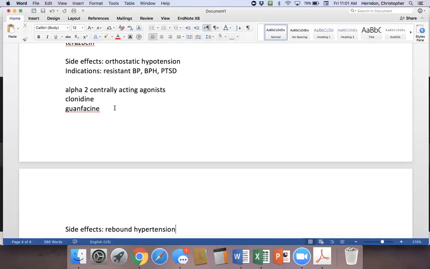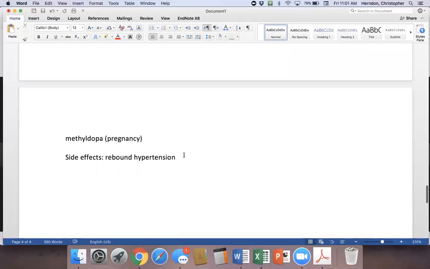Yes, thank you. When do we primarily use methyldopa? Pregnancy. Rebound hypertension. Is that it? For side effects? Hypotension is a big one. Headache. Thank you.